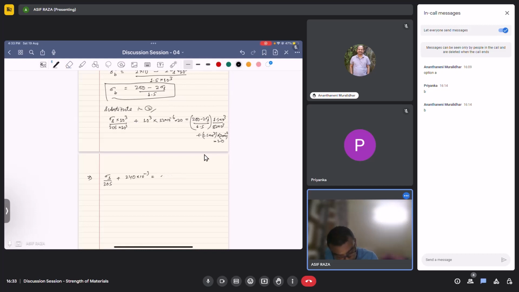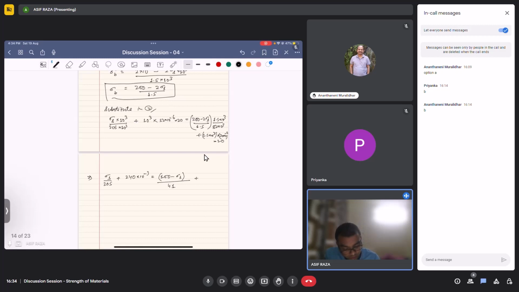I can write 100 minus sigma s upon 41, plus 1.5 into 10 to the power 3.